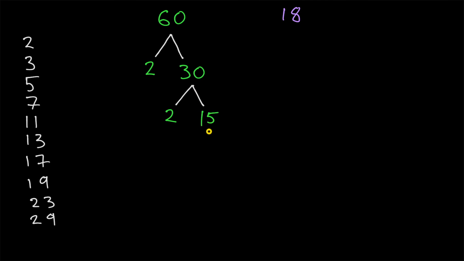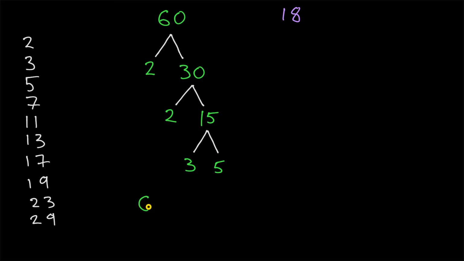And now 15 is not an even number, so it won't be divisible by 2, but 15 is divisible by 3. So let's go ahead and divide 15 by 3. We're going to get 3 and 5. So do we have the prime factorization of 60 now? Well, 2 is a prime number, 2 is a prime number, 3 is a prime number, and 5 is a prime number. Therefore, we have a prime factorization of 60.